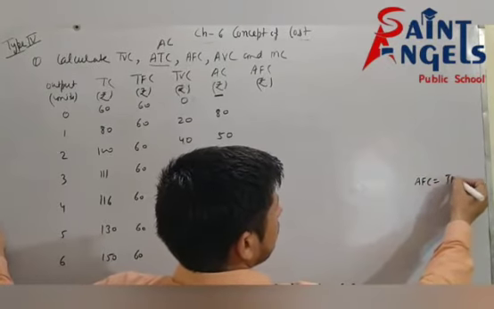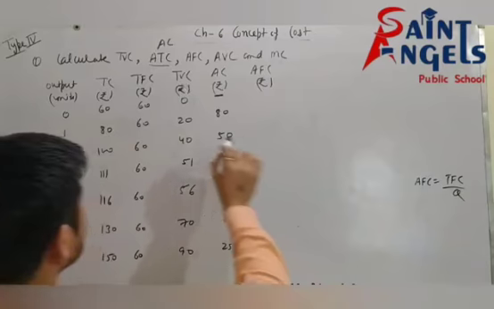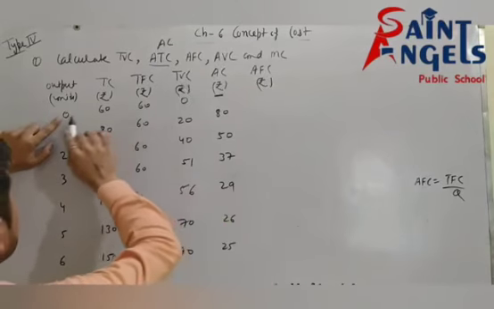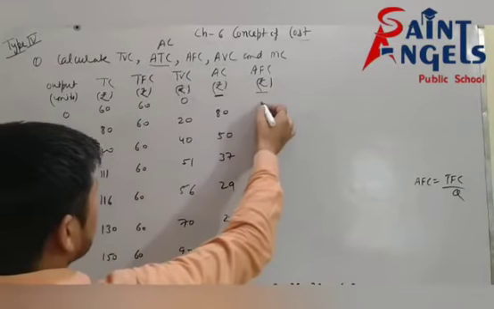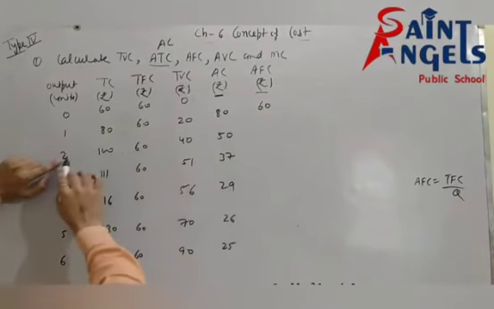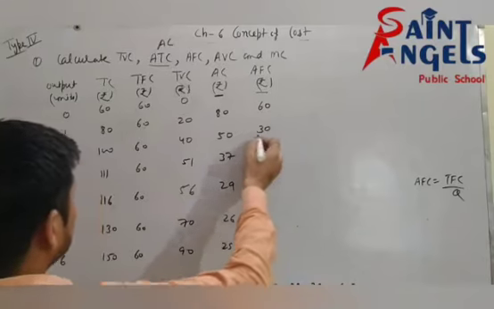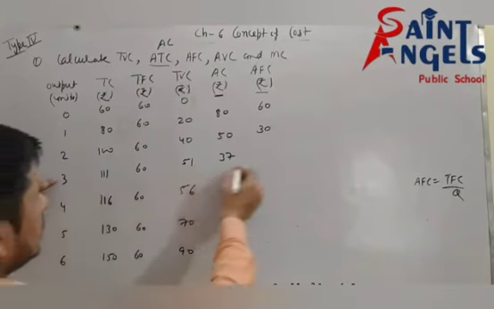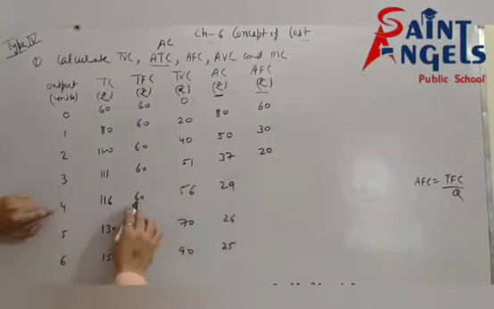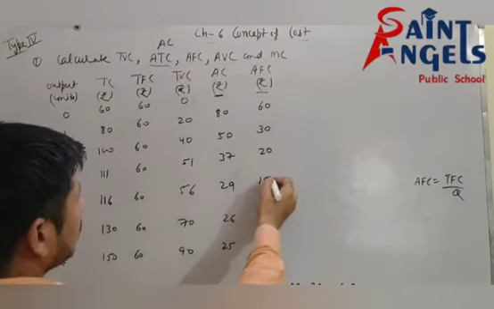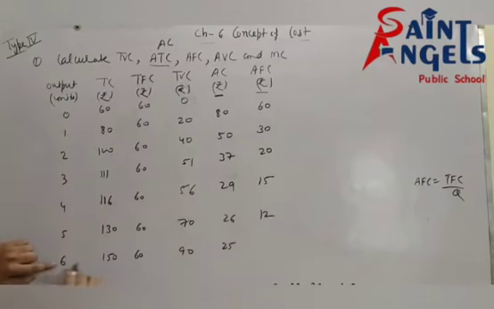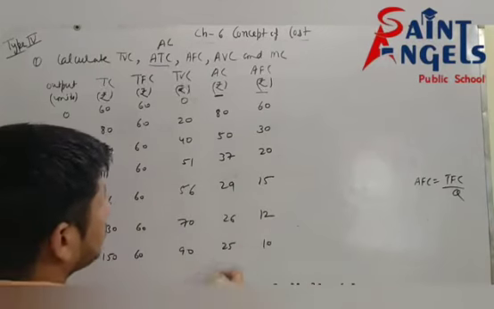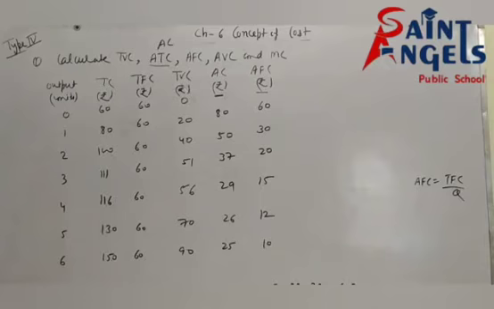AFC is equal to TFC divided by Q. Again, dash, 60 divided by 1, 60, 60 divided by 2, 30, 60 divided by 3, 20, 60 divided by 4, 15, 60 divided by 5, 12, 60 divided by 6, 10. So I hope all of you have understood how will you calculate value of AFC.